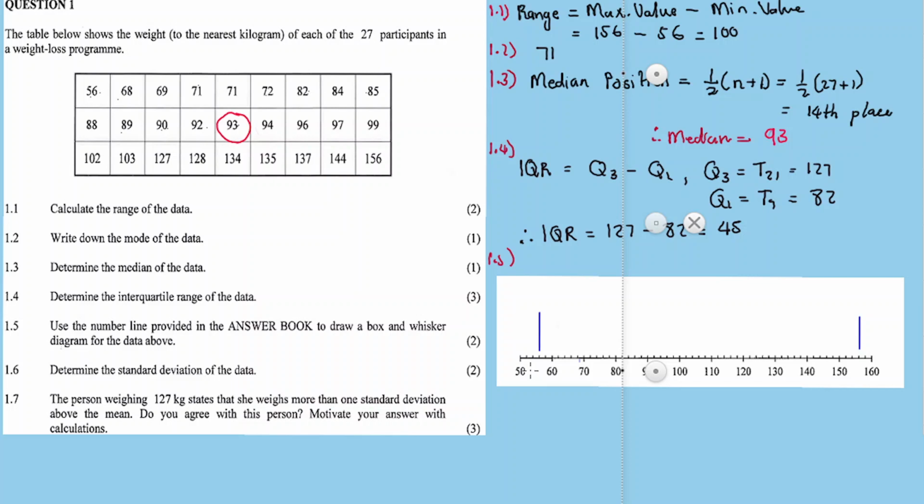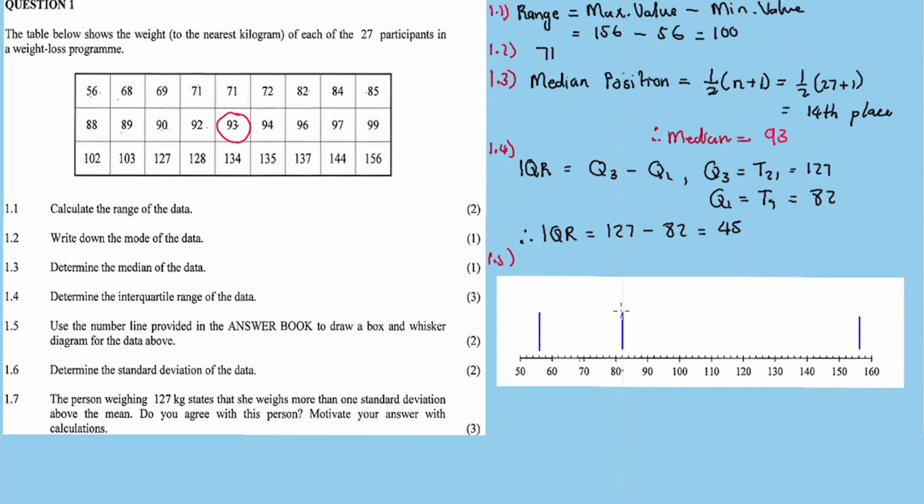So 2, 4, 6, plus 15 because of 56. That's why I plotted it there. Each and every small line in between represents 2. Keep that in mind. So here we want 82.